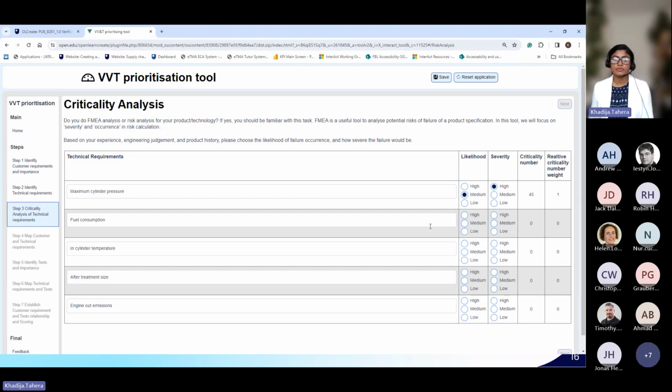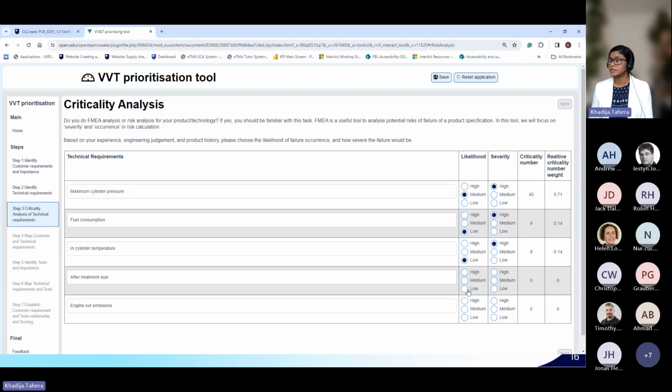So fuel consumption, for example, let's say the likelihood that we don't meet the requirement of fuel consumption is very low, but if it does, then it has very high consequences or severity. Similarly, we'll choose some value for this. Again, for the cylinder pressure, probably this is low, but the severity is high.